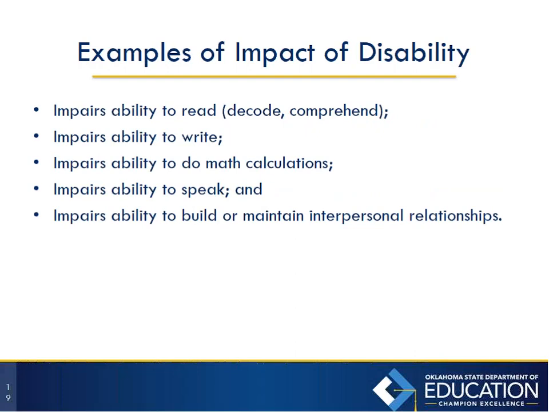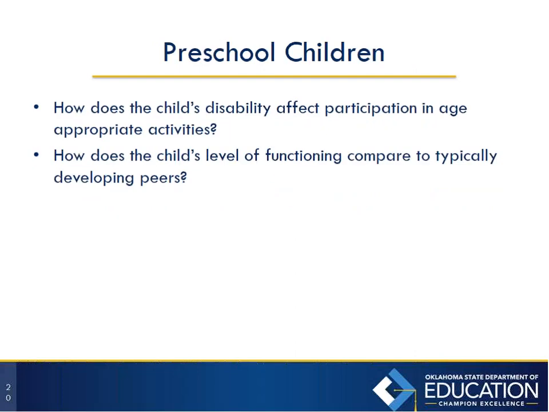So those social skills, sometimes those need to be explicitly taught instruction rather than just something that they learn. For preschool children, it's also required that the present levels of performance address how the child's disability affects participation in age-appropriate activities and how the child's level of functioning compares to typically developing peers.